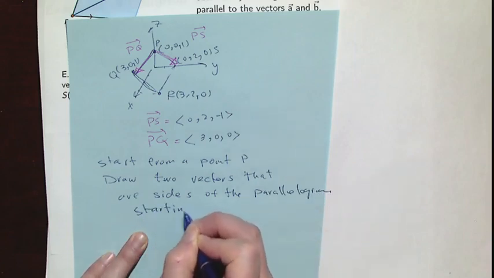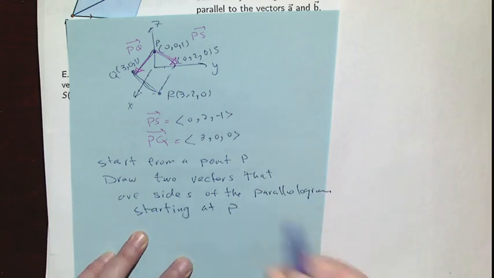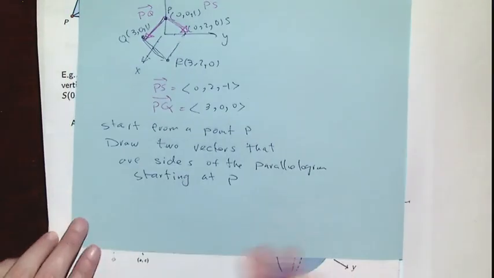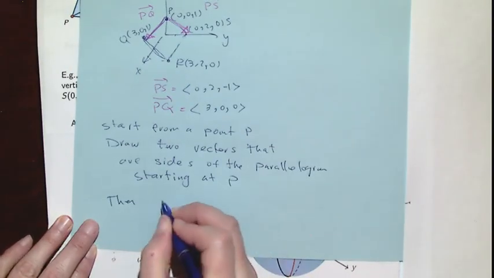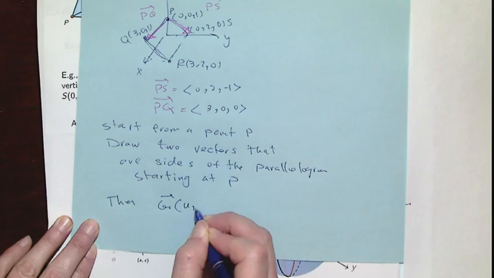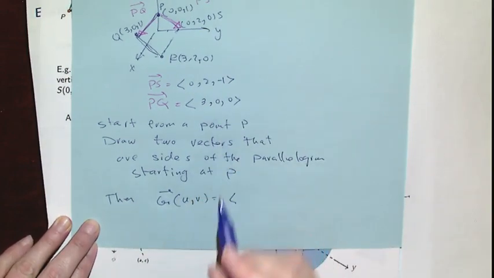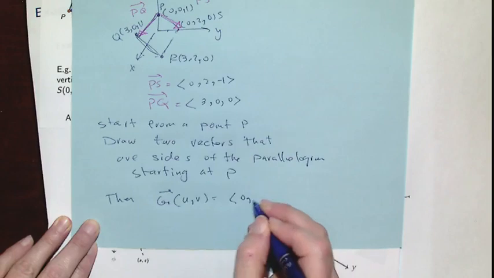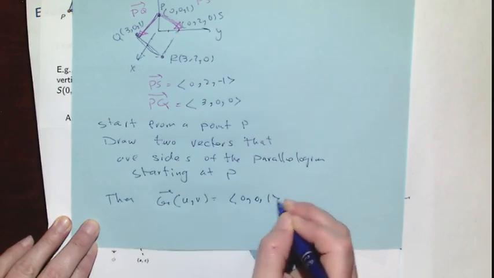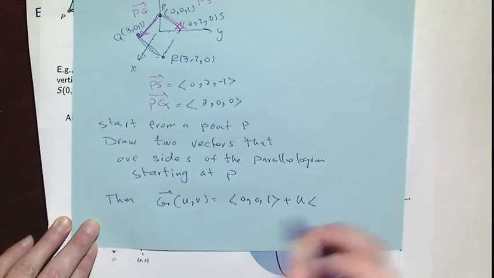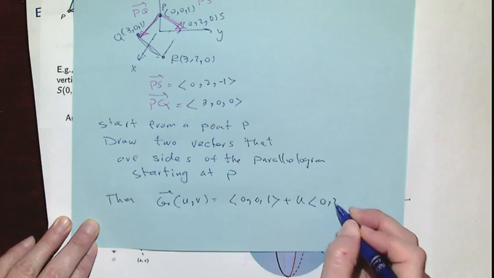Starting at P, then this parameterization: what was P? Plus, what was PS?